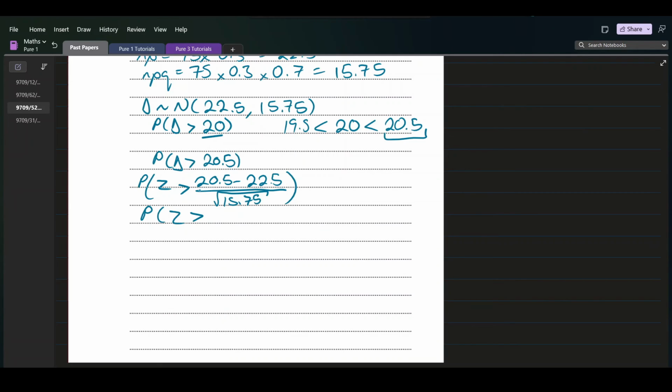That's 20.5 minus 22.5 over root 15.75, and that gives us negative 0.504. Negative 0.504, and this can be written as phi of 0.504. Read off the value from the normal distribution tables and you get 0.693, and that's our final answer.